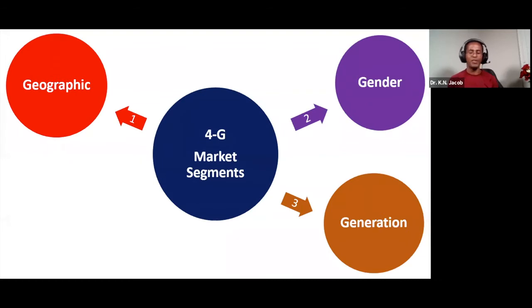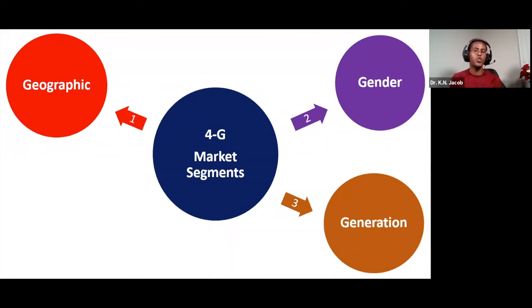Then we have the baby boomers, 1946 to 1964. Then Gen X, Generation X, 1965 to 1979. Then we have Gen Y, the millennials, 1980 to 1995.